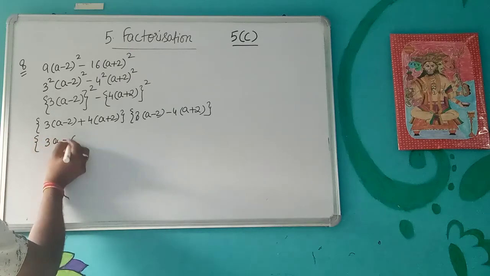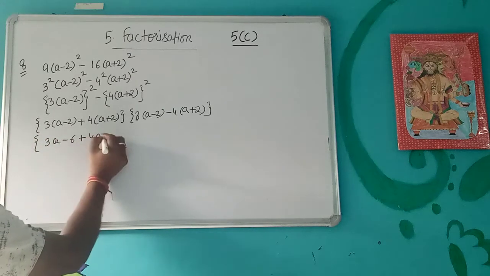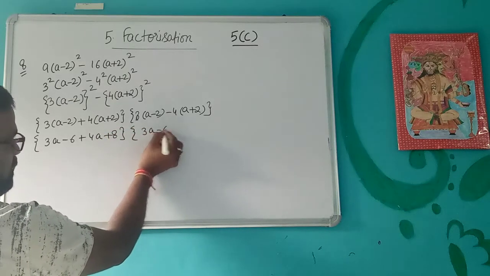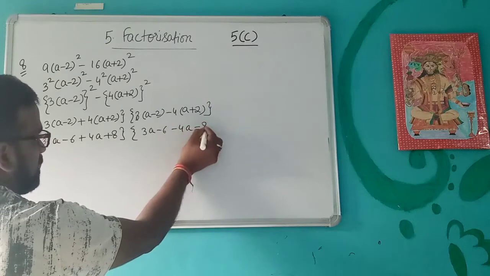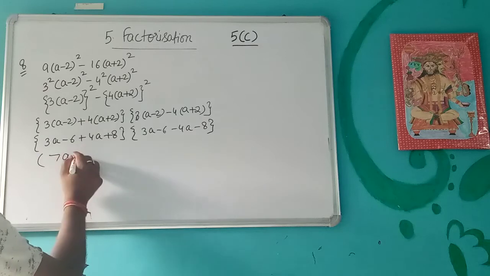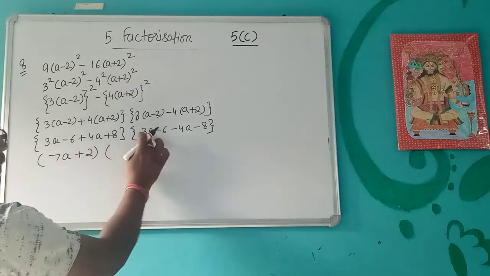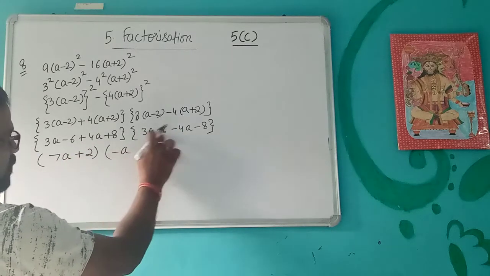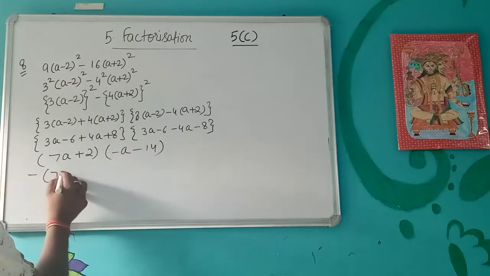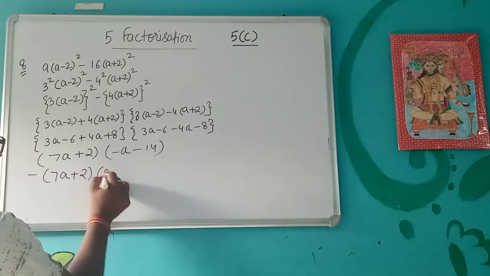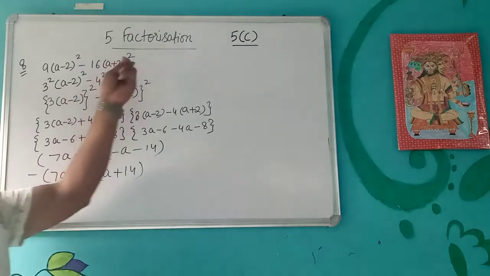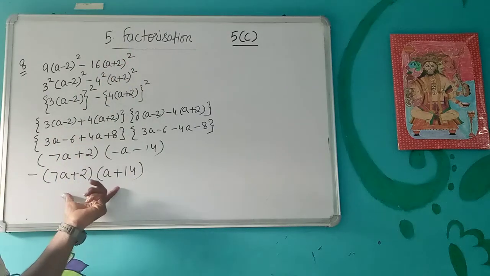It is 3a minus 6 plus 4a plus 8, and it is 3a minus 6 minus 4a minus 8. So finally 3a plus 4a will give you 7a plus 2. 3a minus 4a is minus a, minus 6 minus 8 is minus 14. So I will take minus sign common like this. So this whole expression is factorized into these two factors.